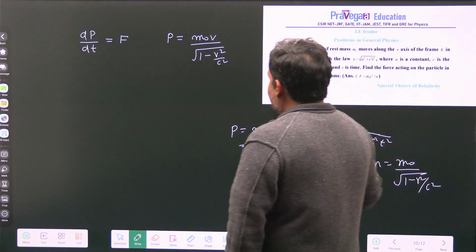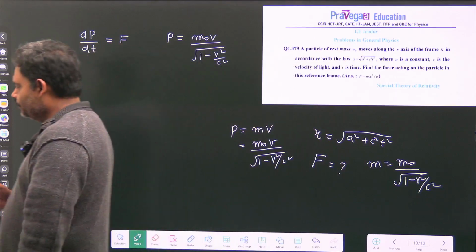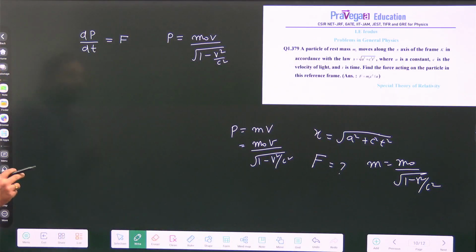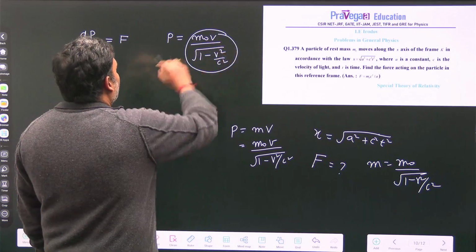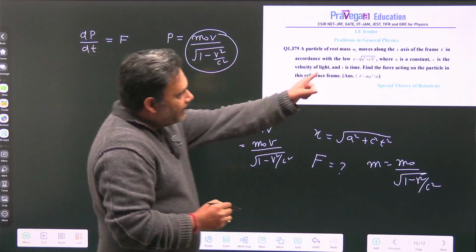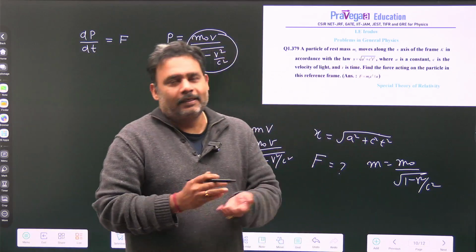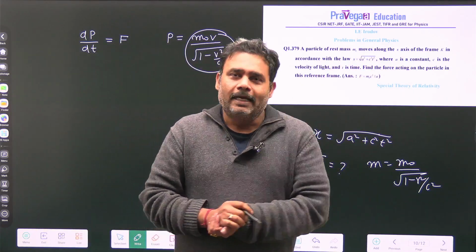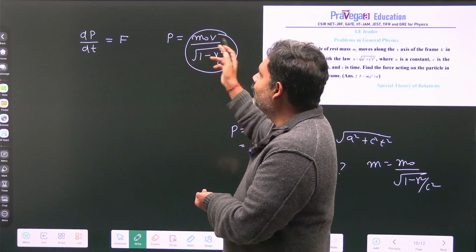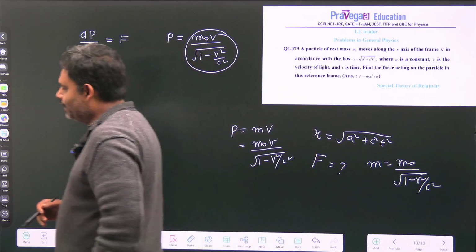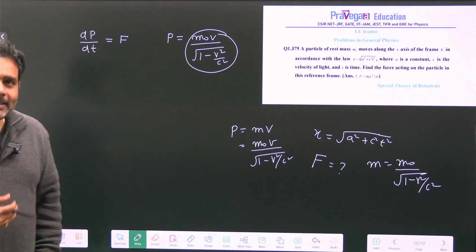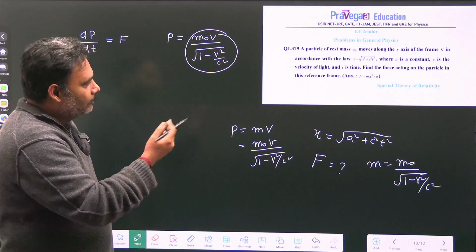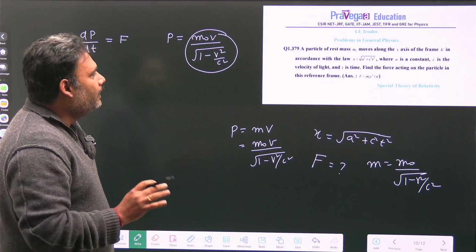So this is the main thing. If somehow we can calculate this value, because x versus t is given, then we can easily write the value of v, and we will differentiate with respect to t, and then obviously we will get the answer.